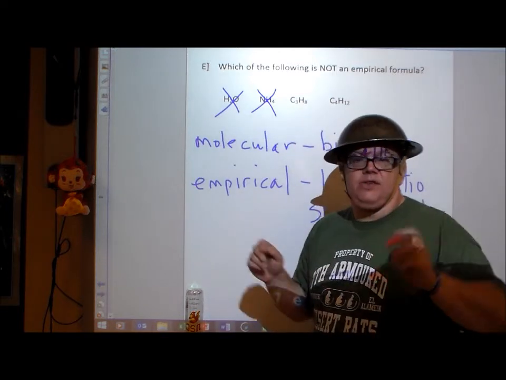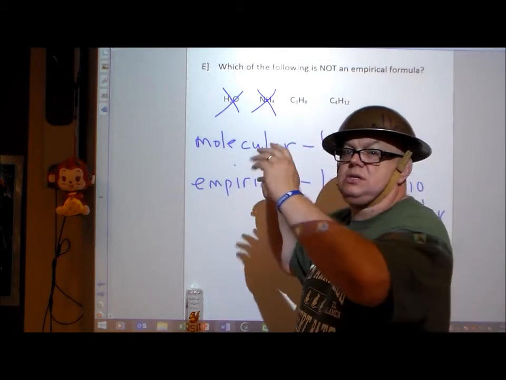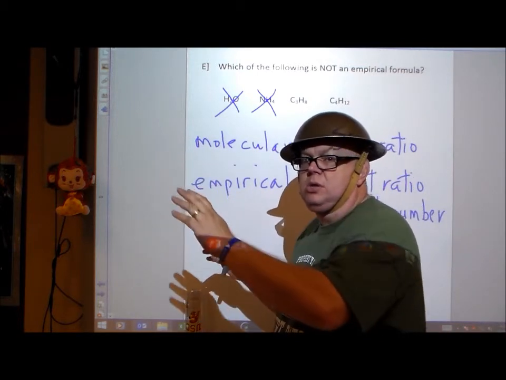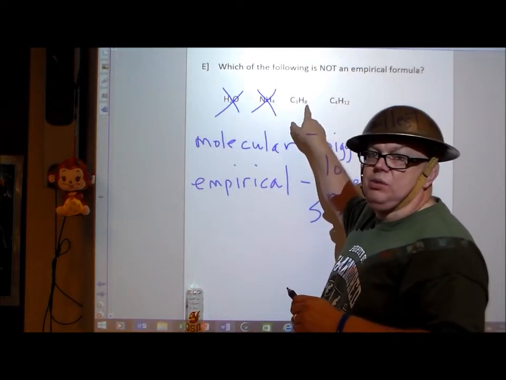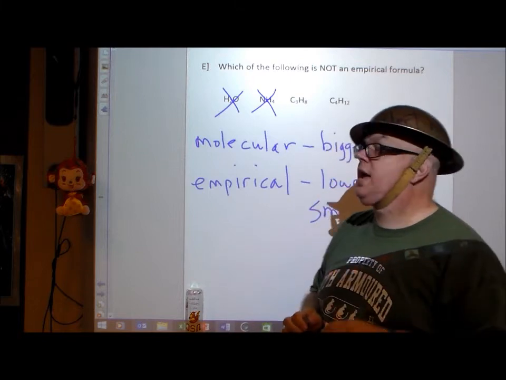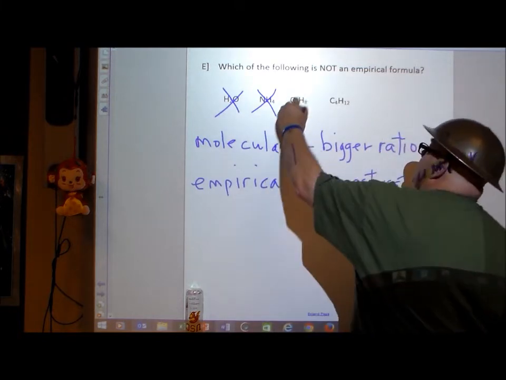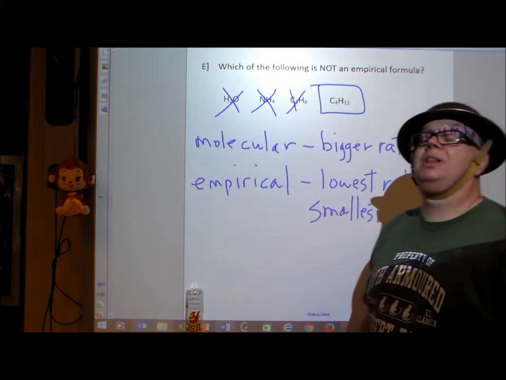Yeah, you could divide: 3 divided by 3 is 1, and 8 divided by 3 is 2.66666667. But remember, in chem, we really need the whole numbers as a rule. We do. We absolutely do. So that's out. Which means that our C4H12 is our molecular formula.